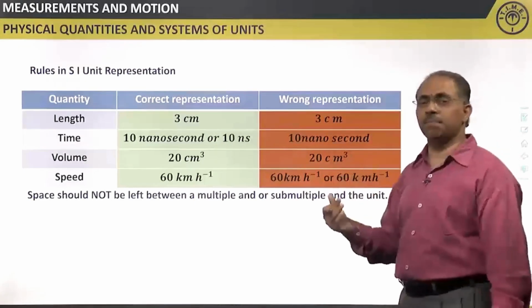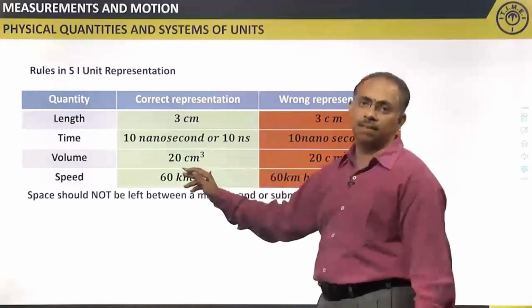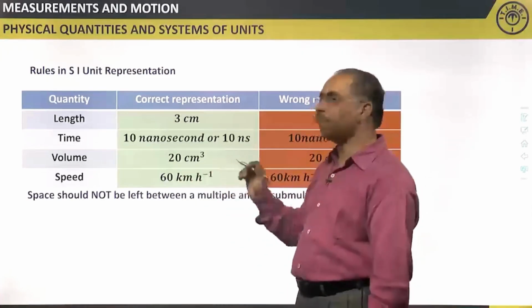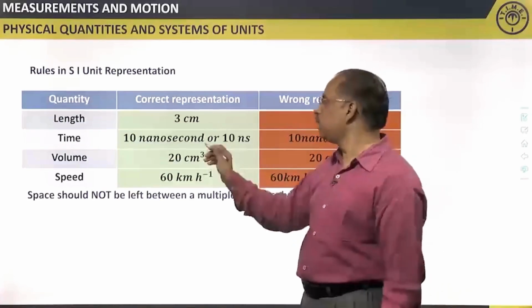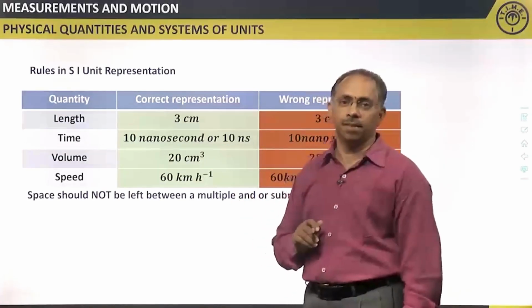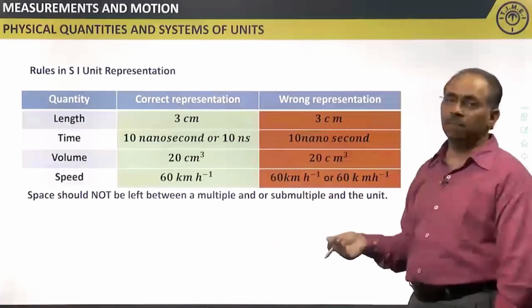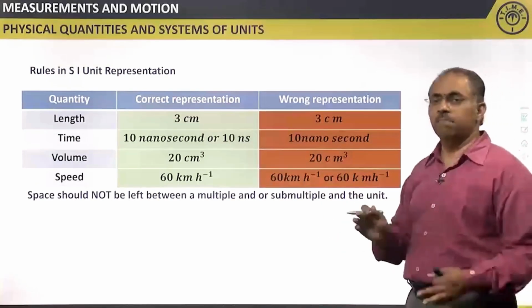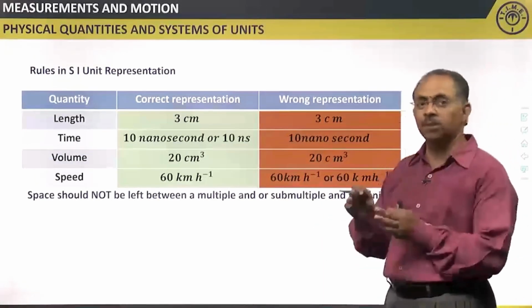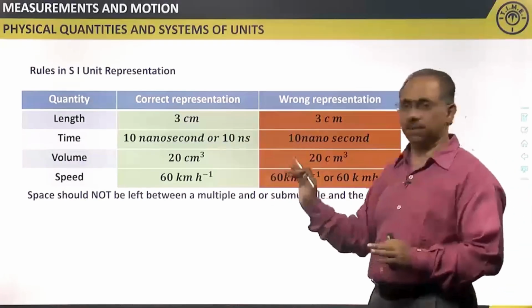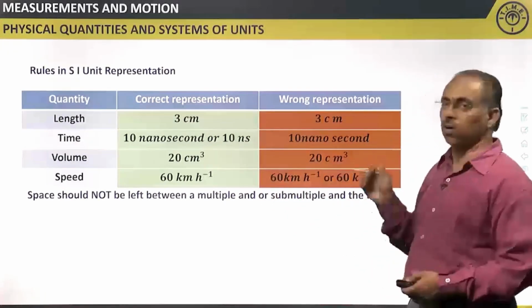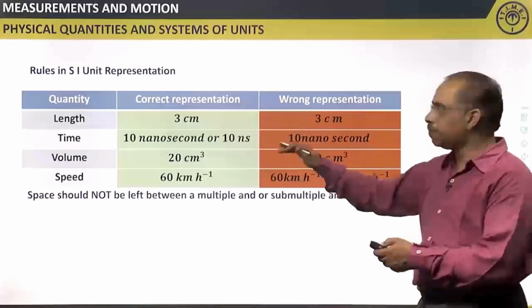What is the multiple or submultiple? Centi is a submultiple. Kilo is a multiple. Okay. Nano is a submultiple. Clear? So, when you take submultiples or multiples of the units, between the multiples and submultiples and the units, you should not give space. If you give space, that is wrong. Okay. Hope this particular rule is clear.